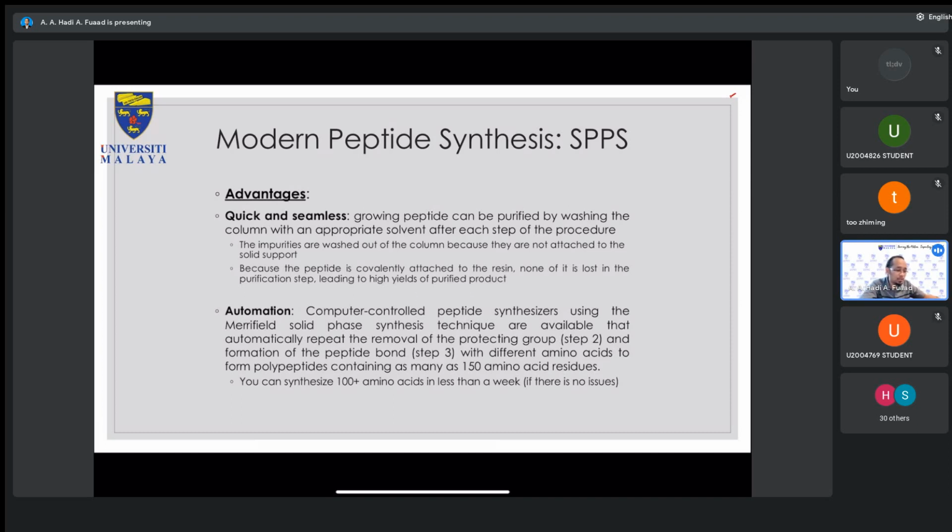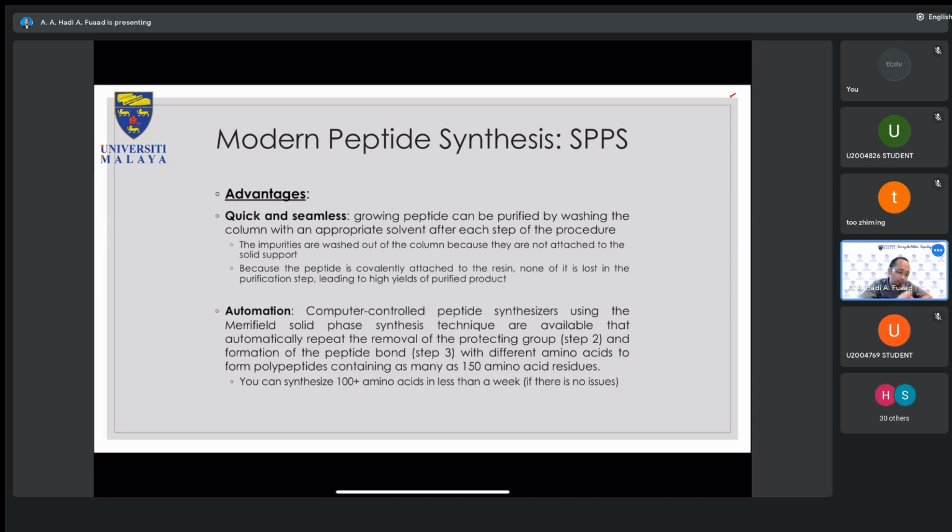You can grow the peptide and purify it by simply washing off the synthesis vessel or column with an appropriate solvent, for example, DMF or DCM, or what's the other one? I can't remember it off the top of my head now.